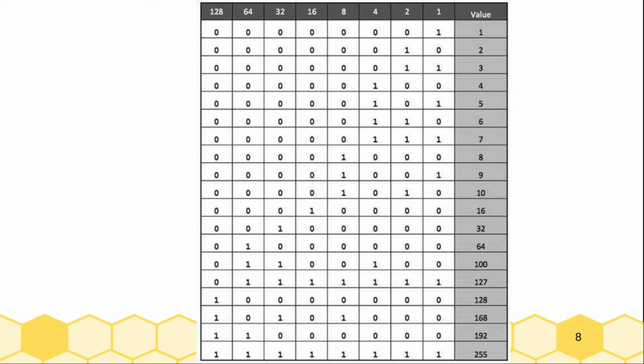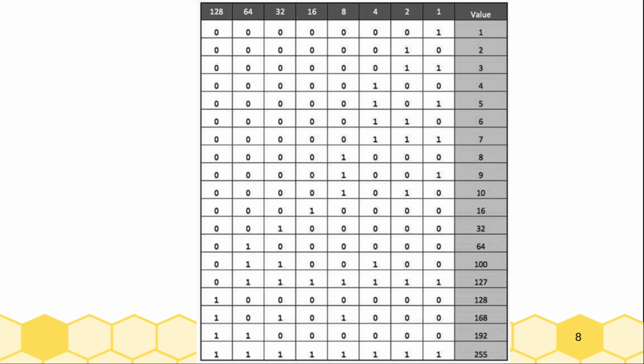If below we have a 1 in the first position and the rest are 0, that is 2 power 0, and the value will be 1. 2 power 0 means 1, 2 power 1, 2 power 2, 2 power 3, 2 power 4, 2 power 5, 2 power 6, 2 power 7.